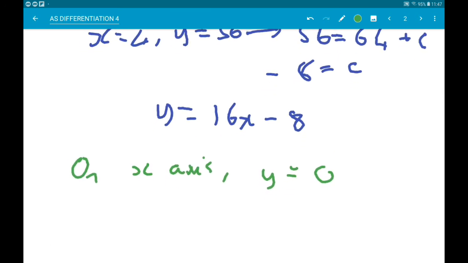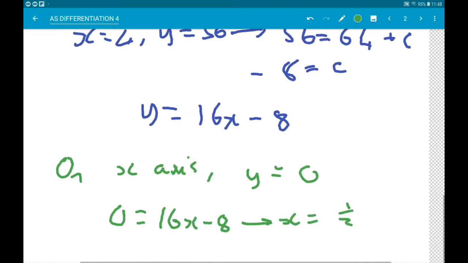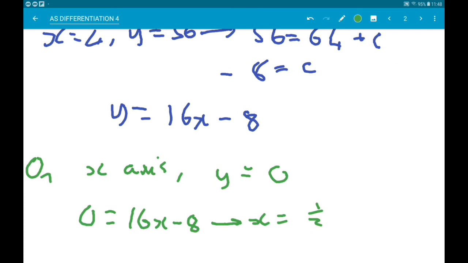So we get 0 equals 16x minus 8. And from that we get x is 1/2. So the coordinates are (1/2, 0).